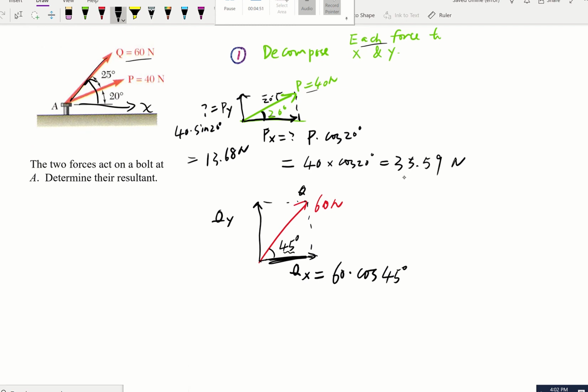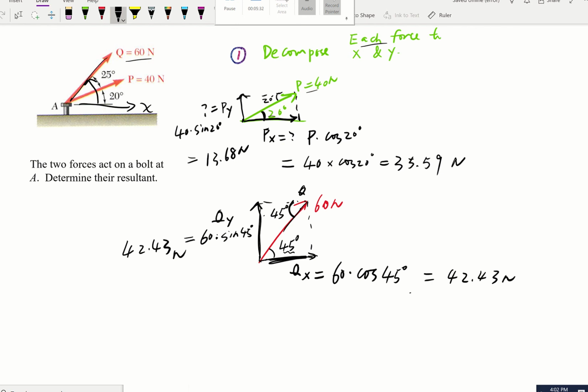And now Qy is going to be this hypotenuse, 60, times, since this angle is 45 degrees and Qy is opposite to that angle, sine 45 degrees. Okay, let's put it in the calculator. 60 times cosine 45 gives me 42.43 Newton. And 60 times sine 45 is going to be exactly the same as cosine 45, right? So 42.43, you can verify it.